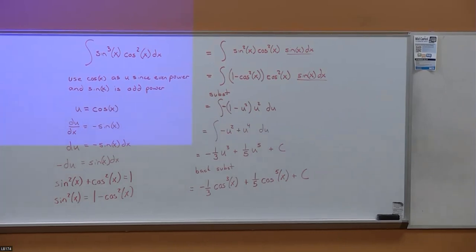So it's this weird even-odd thing, and I don't like to write a ton of rules, like, oh, when sine is even and cosine is odd, do this, or cosine is even and sine is odd, do this.